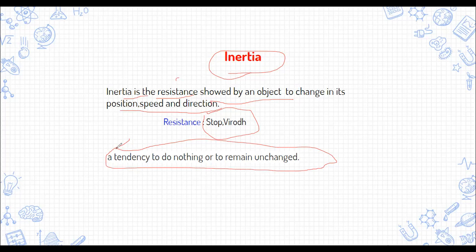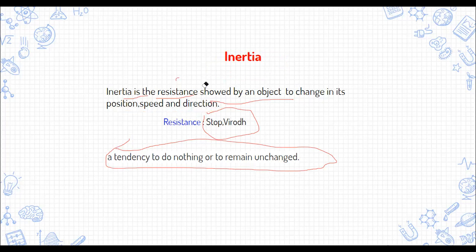Inertia is a resistance shown by an object to change its position. If someone wants to change my position, I will say no, don't change my position. That is inertia. Every object does this, it is a property of every object, and this property is called inertia. If someone wants to change my speed or direction, I will say no, don't change my direction, let me stay as I am. Every object wants to be as it is. This is inertia.